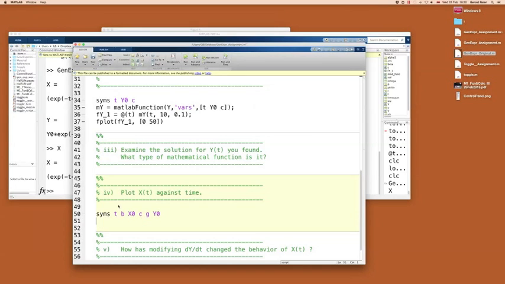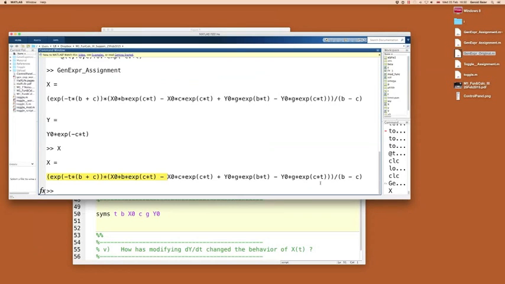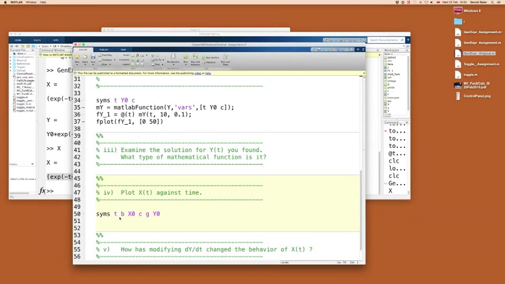Now, exactly as before, we want to convert this expression into a MATLAB function of T, B, X0, C, G, and Y0. As I did before, we want to call this M of X for MATLAB function of X. Use the MATLAB function, and now we're going to give it X as our symbolic equation.